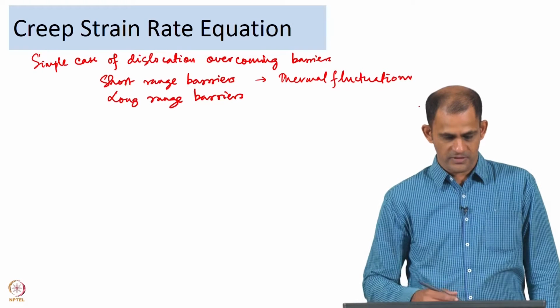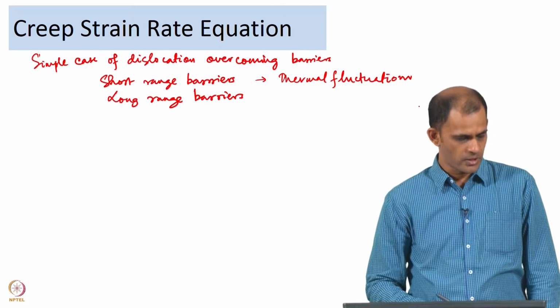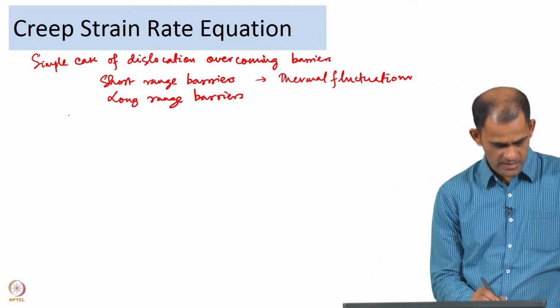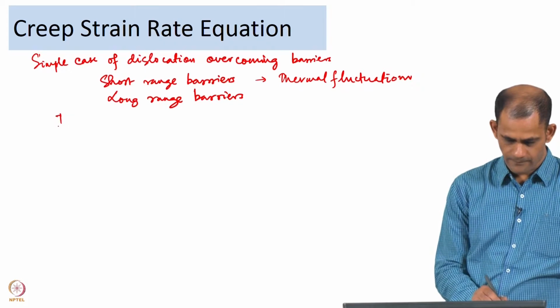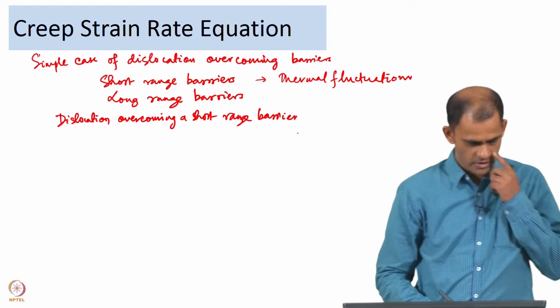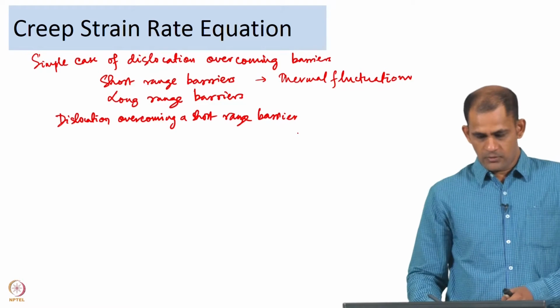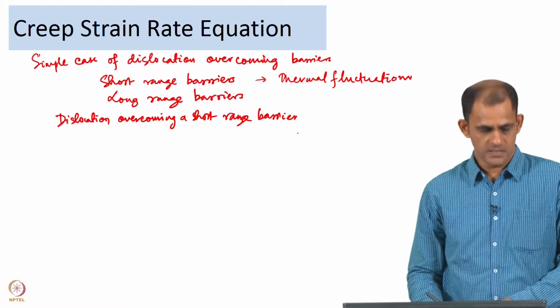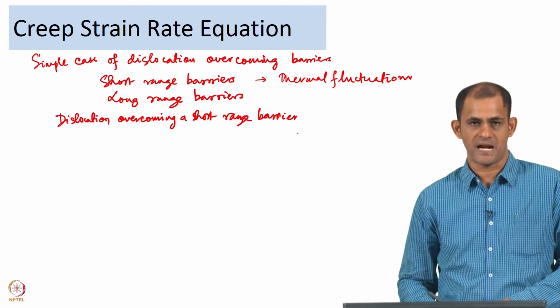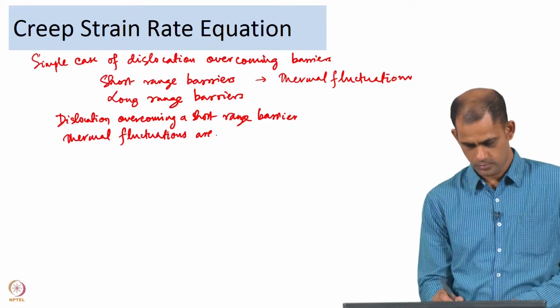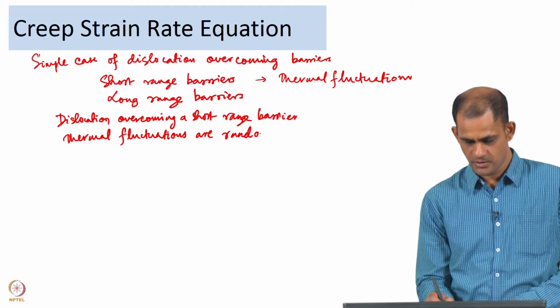Now, for the case of dislocation overcoming barriers, we are going to talk about a simple case of dislocation overcoming short range barriers. One of the things about thermal fluctuations is that they are usually random in nature.